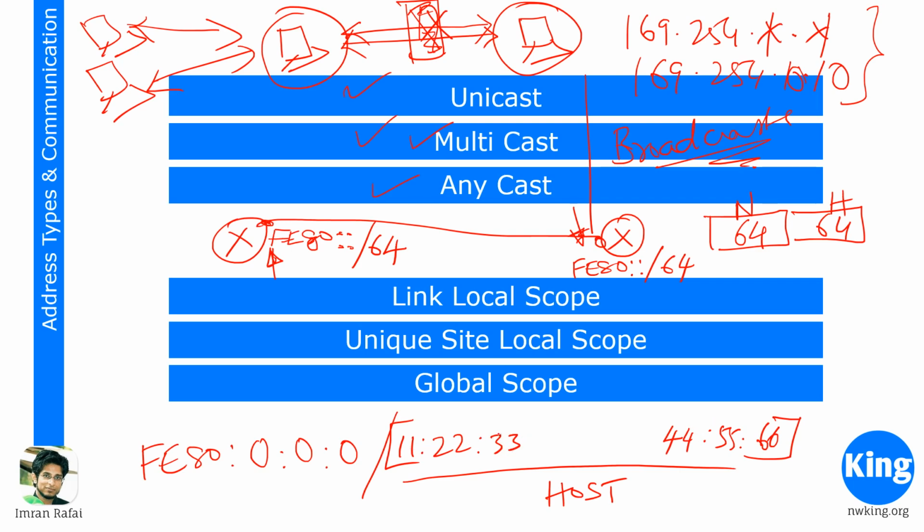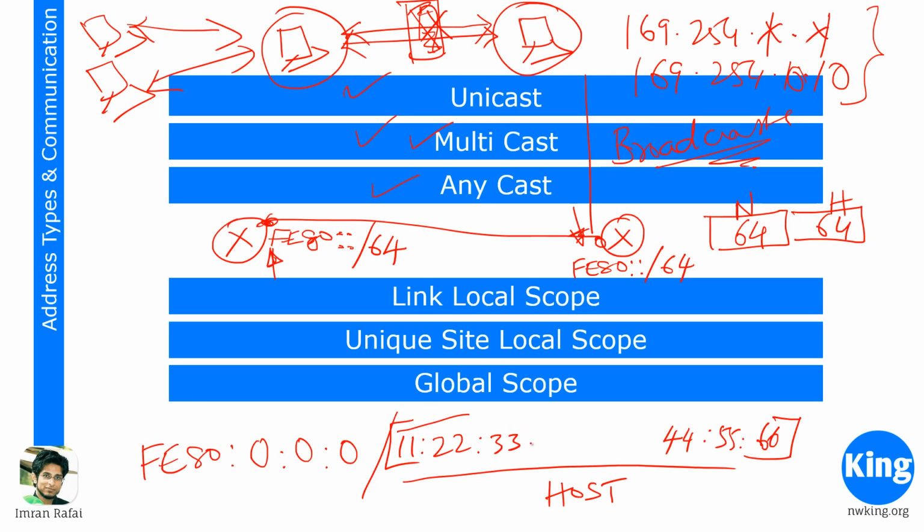This is the Microsoft way of denoting it. I think Cisco denotes it by 4. You have 4, 4 and 4. You have 3 blocks of 4 hexadecimal numbers, right? So let's do the Microsoft way. So it is 11:22:33:44:55:66. This is the MAC address of, let's assume, this interface.